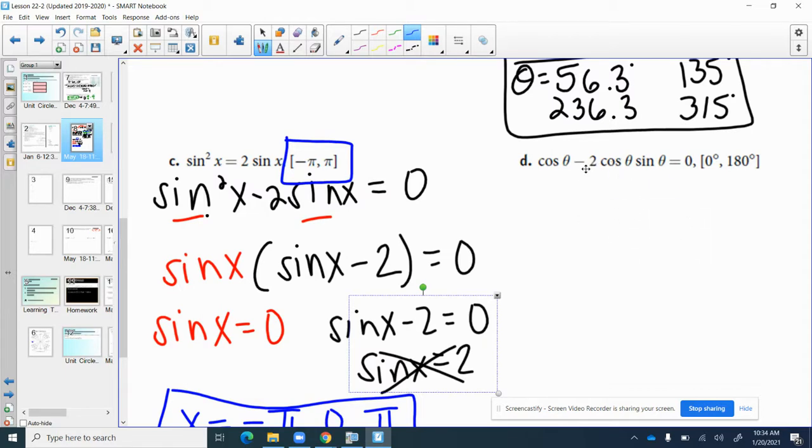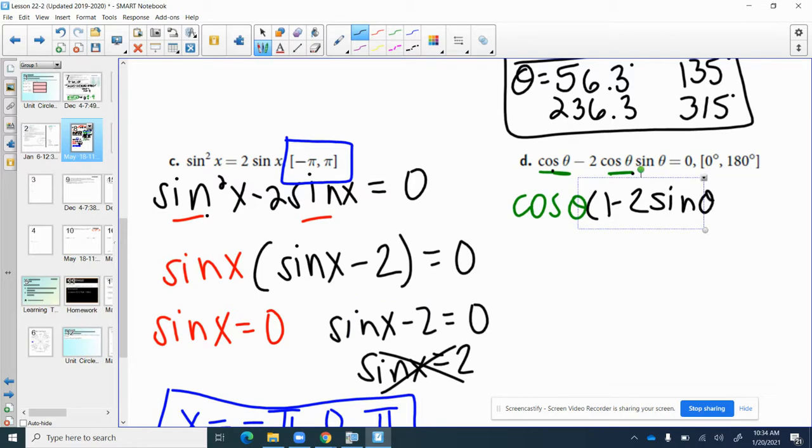Last but not least, again, we are going to want to utilize a greatest common factor in this particular problem. We can factor out that cosine of theta, and we are left with 1. All right, when we divide that away, and then 2 sine of theta left in the second part of our expression. Okay, and again, be careful of your domain here.